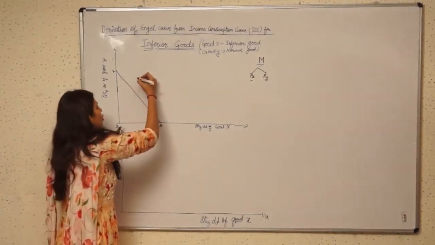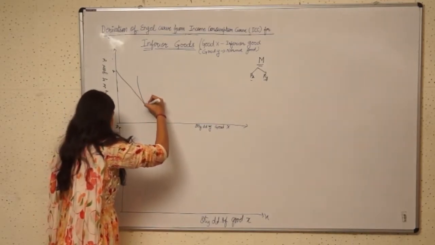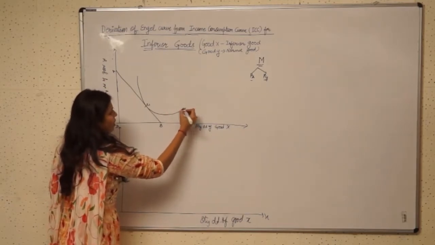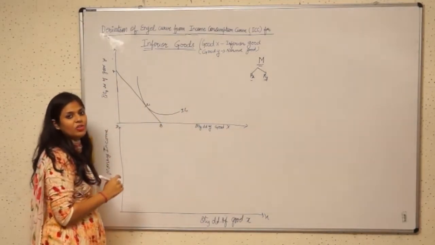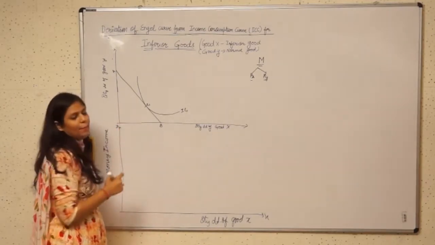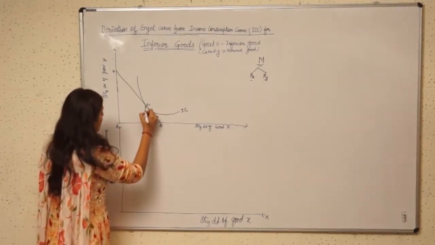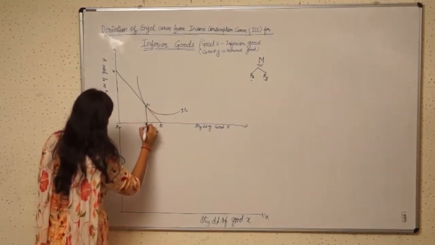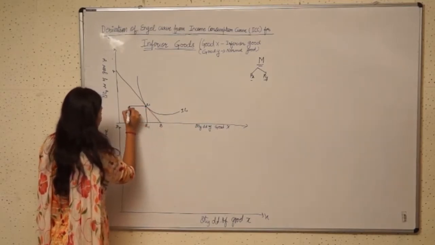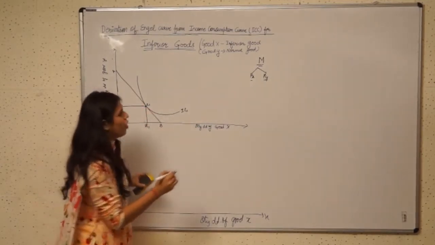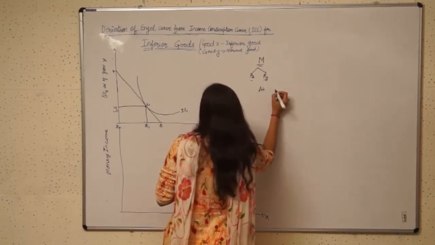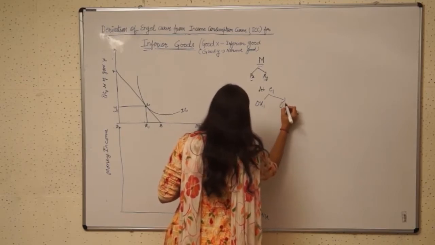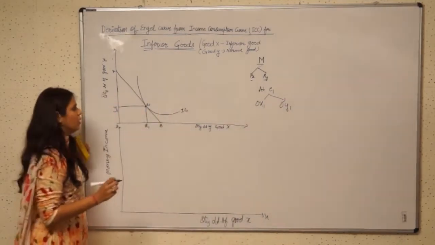Now consumer would be in equilibrium at point E1 on IC1, where IC1 is tangential to a budget line AB. At point E1, consumer is consuming OX1 units of X and OY1 units of Y.